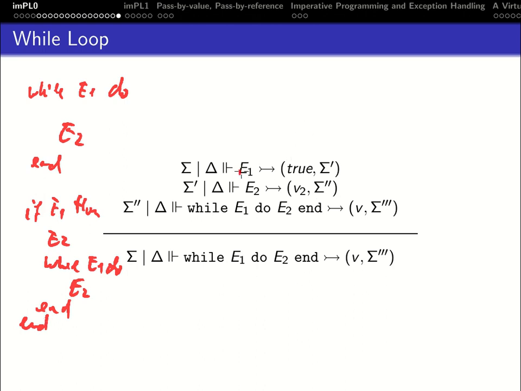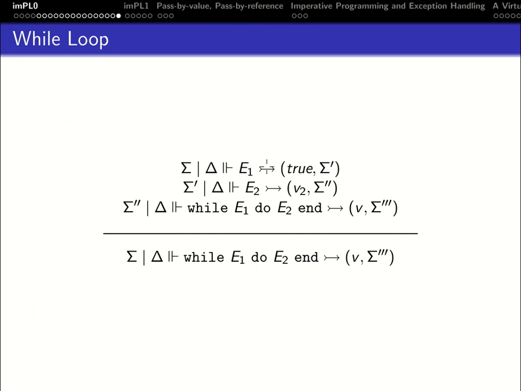So let's assume that E1 is true. As we evaluate E1, under the side effects, we obtain a store sigma prime. We, of course, thread this into sigma prime, and we evaluate E2 and get a store sigma double prime and the value V2, which actually we don't care that much about.